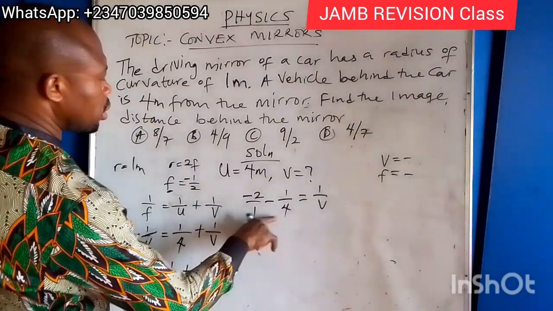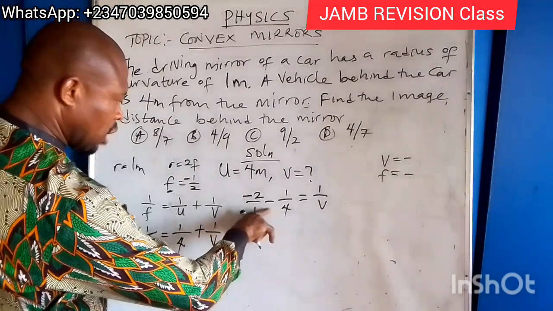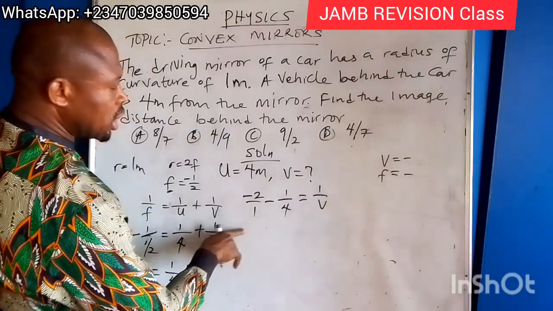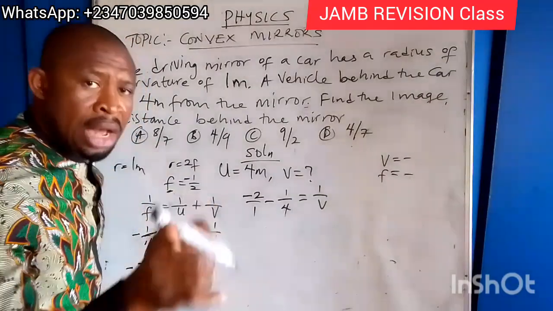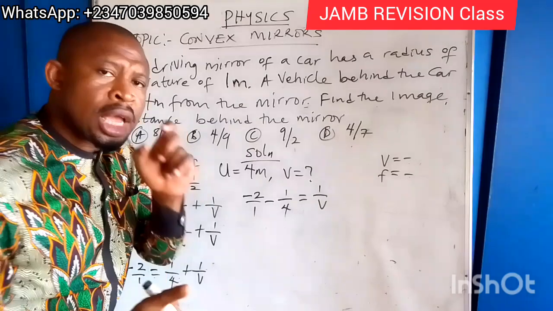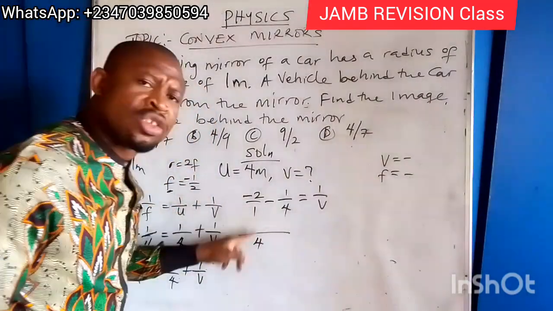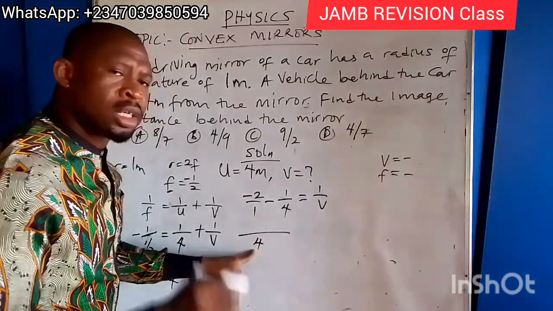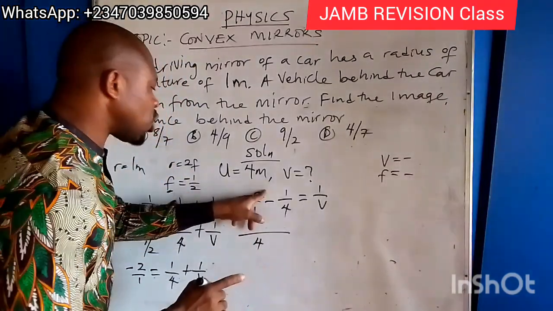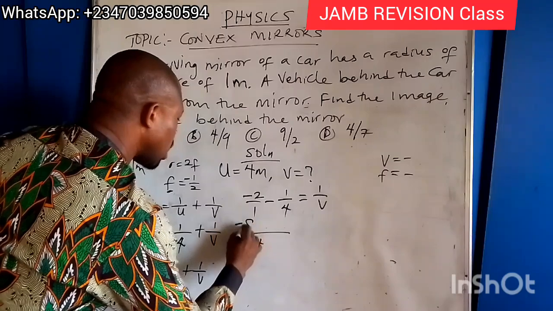Now we can add here, we can subtract here. If we subtract here, we take the LCM of 1 and 4. LCM of 1 and 4 will give us 4. So we have 4 here. 1 into 4 will give us 4. 4 times minus 2 will give us minus 8.